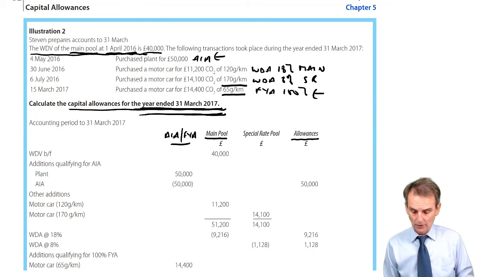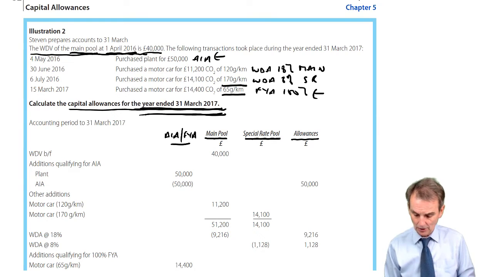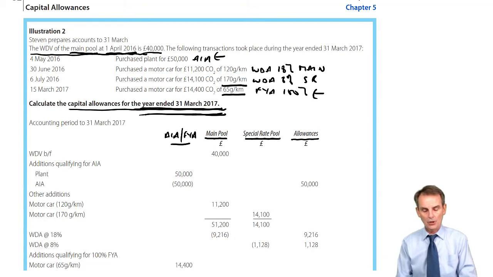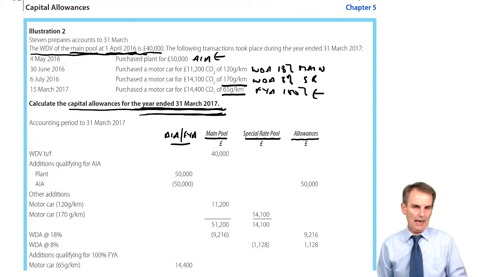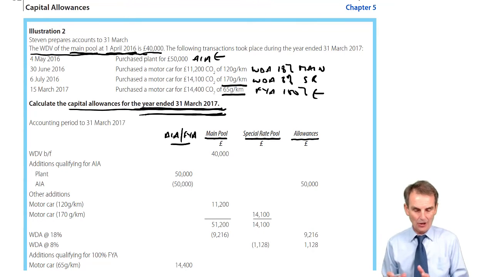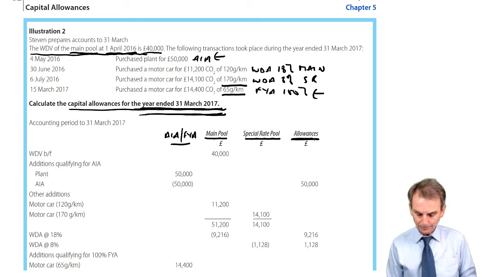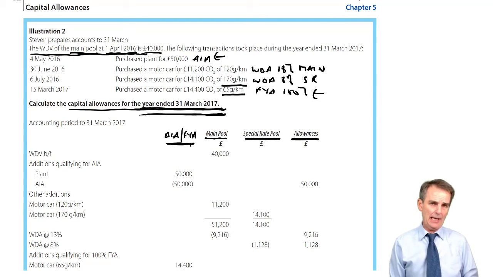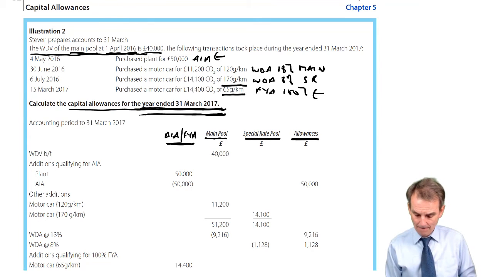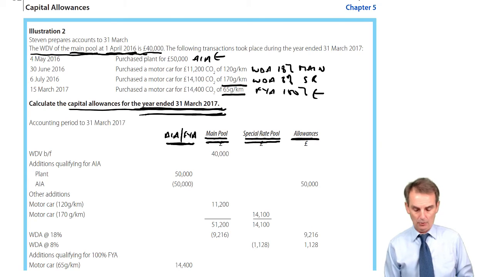But we also discovered that the high emission car that we purchased would be allocated to the special rate pool. So before we start to list out the transactions of the period, let's get our computation sorted in terms of the columns that we need. Allowances will always be required. Very likely AIA or possibly AIA stroke FYA. Very likely a main pool, possibly a special rate pool.